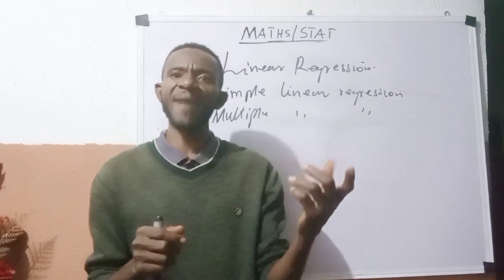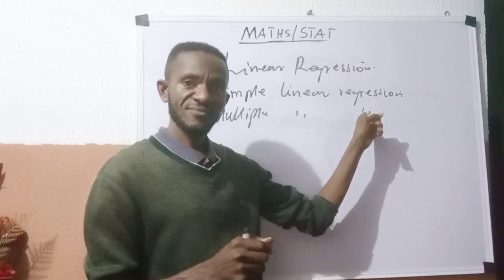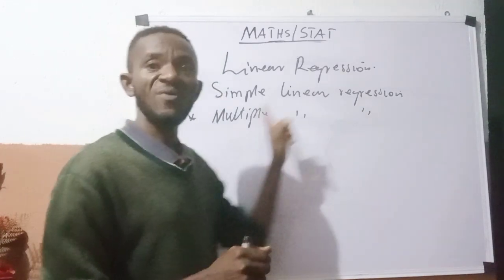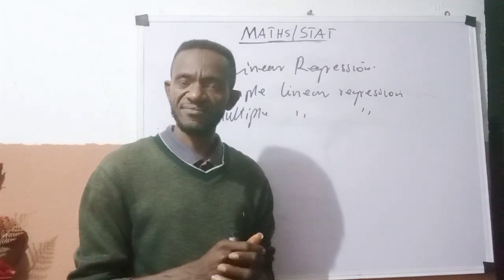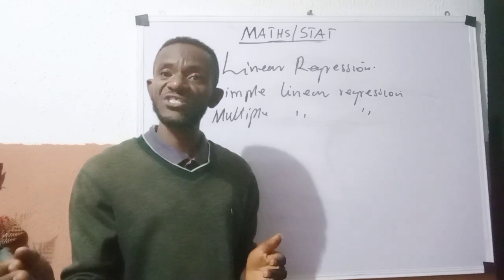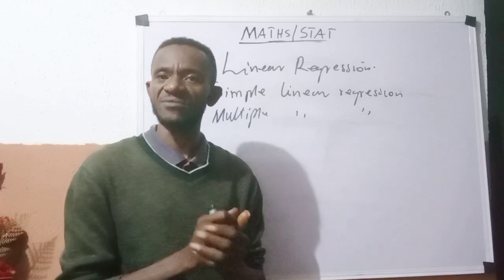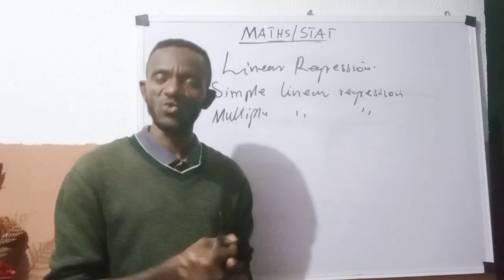So we should be talking about the model for simple linear regression and the model for multiple linear regression. Model: a mathematical expression that represents a true life situation or a real life situation.